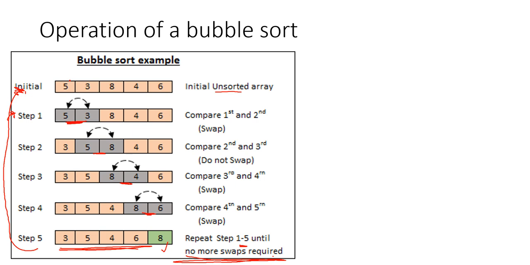Now, the worst case scenario would be if the array was initially sorted the opposite way to which we want it to be sorted.